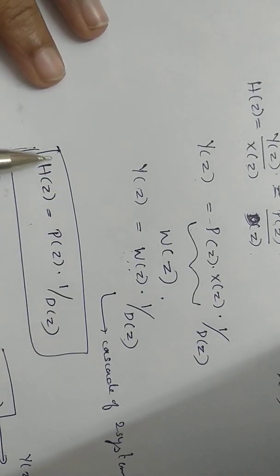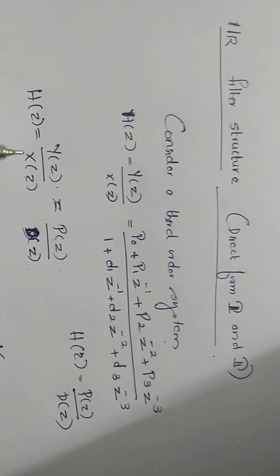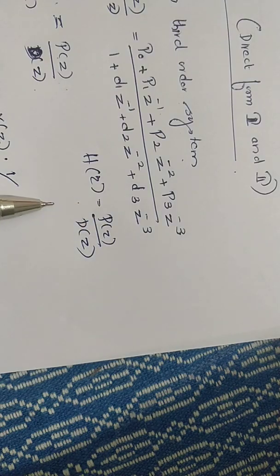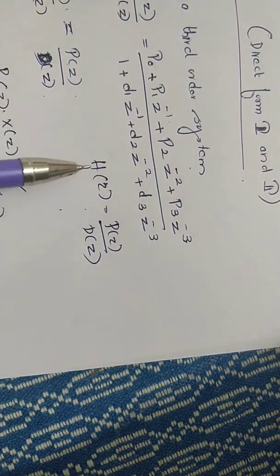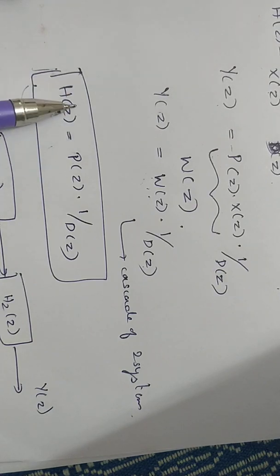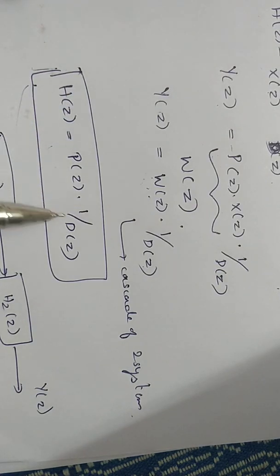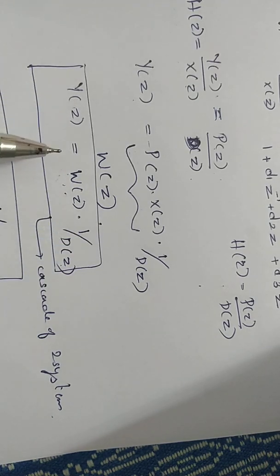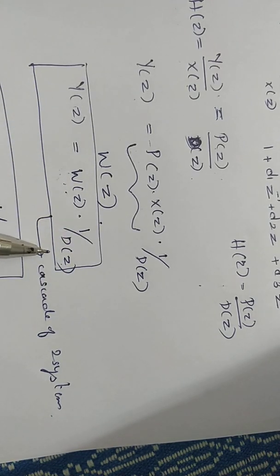So H of z, how will we write? H of z is equal to P of z by D of z. It is the cascade of P of z into 1 by D of z. So two equations: first one, Y of z is the cascade of W of z and 1 by D of z.